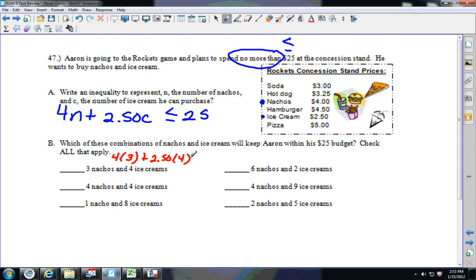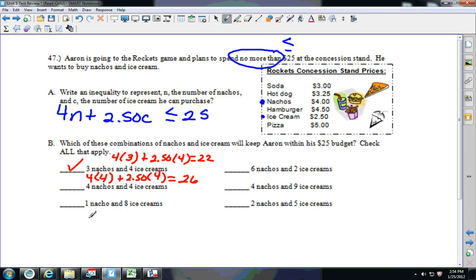That's $22. That fits the budget. That would work. This one, $4 times 4 nachos plus 2.50 times 4. That's 10 and 16. This equals 26. That is not going to work.